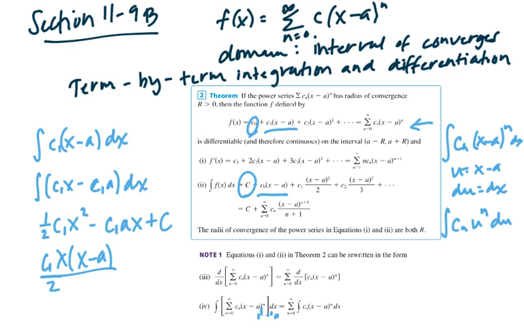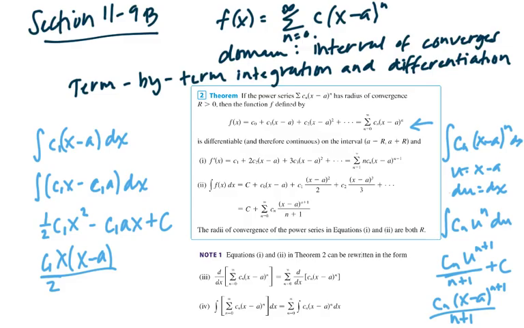When we integrate that, we get u to the n plus 1, and then we have c sub n over n plus 1 plus some constant. So that's c sub n times x minus a to the n plus 1 over n plus 1, plus c. So you can see that that's where this integration came from.